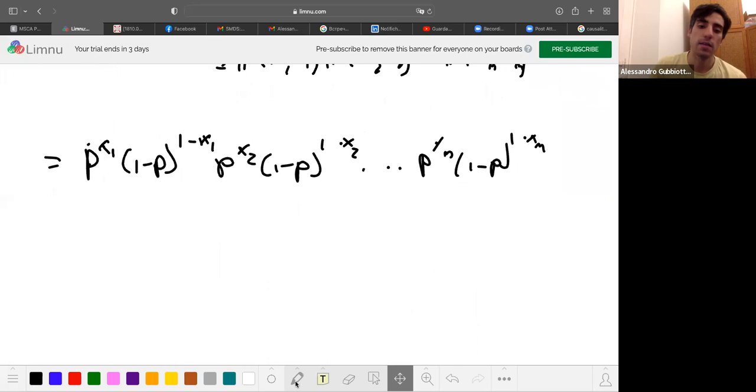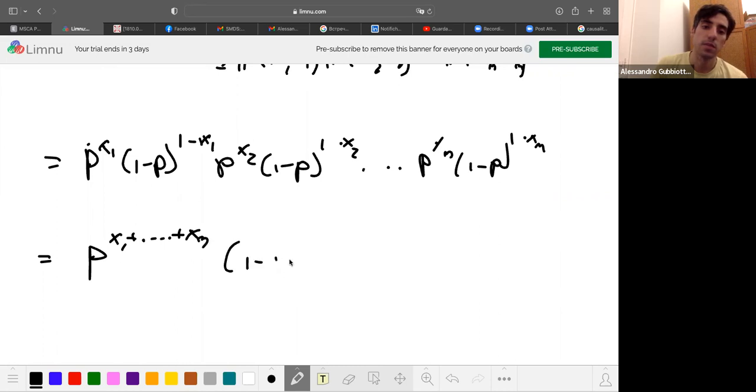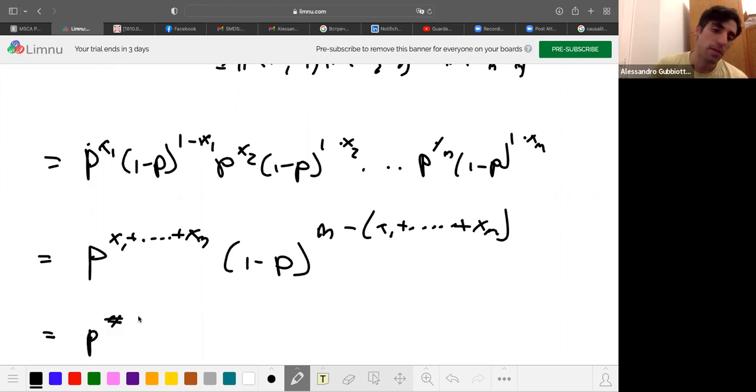This is again equal to p to the power x1 plus etc. plus xn times 1 minus p to the power n minus (x1 plus etc. plus xn), which is equal to p to the number of ones of the string x1 ... xn times 1 minus p to the number of zeros.